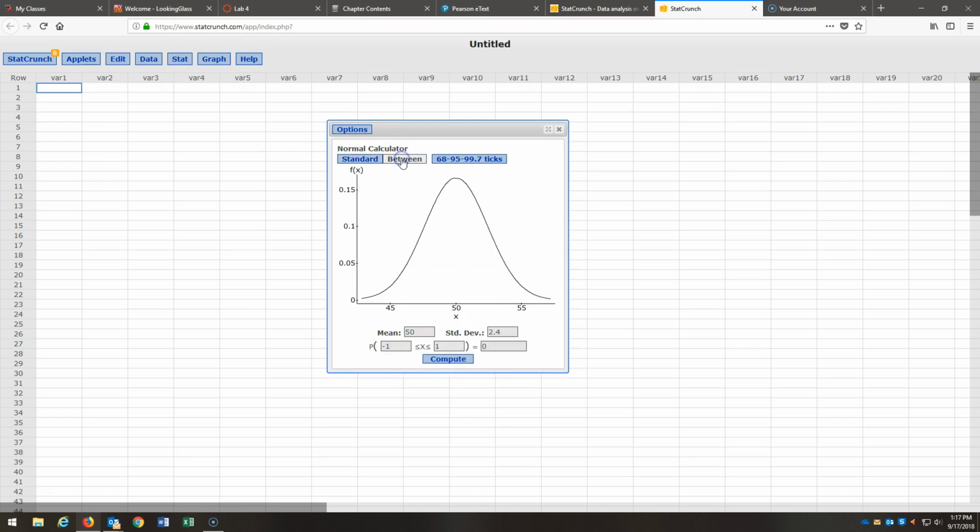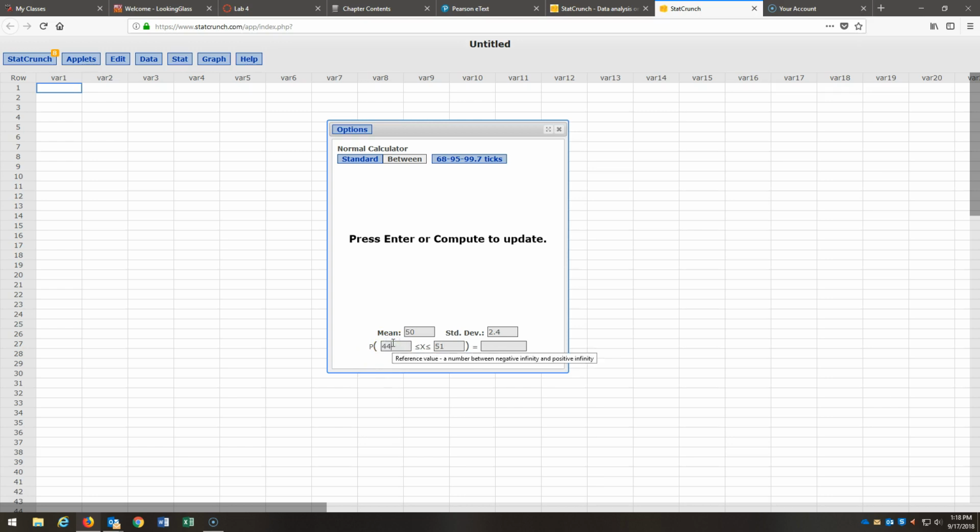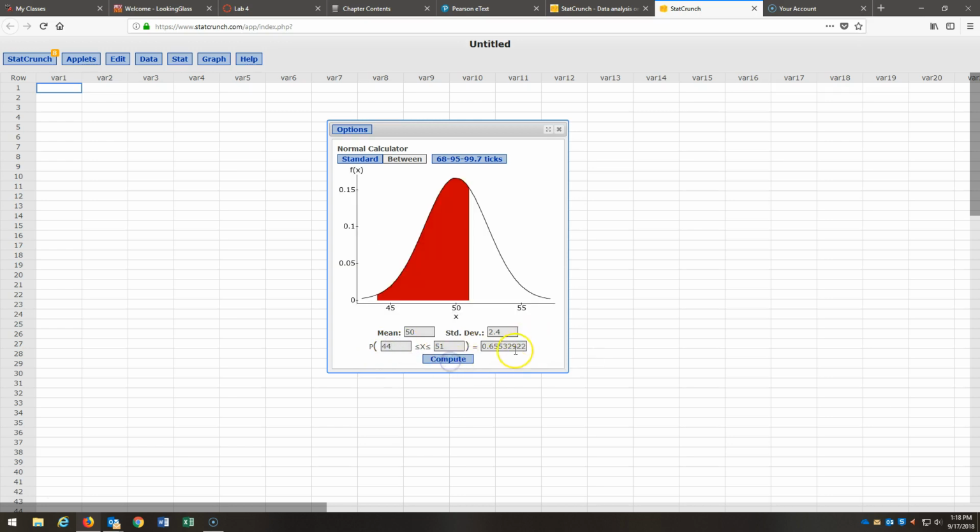We can also calculate the probability that x is between, for example, 44 and 51. Oops, excuse me, 51, wrong value. So between 44 and 51, and compute. And so we see that the probability that x is between 44 and 51 is given here. It's also equivalent to the shaded region here.